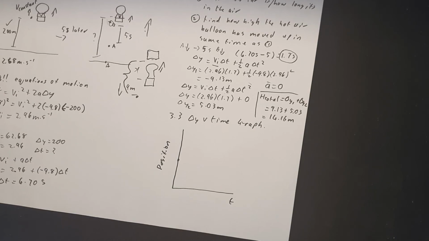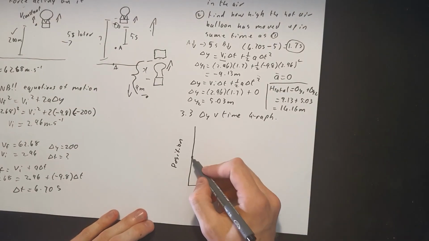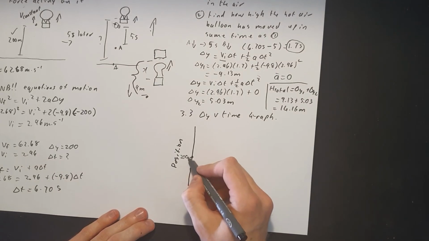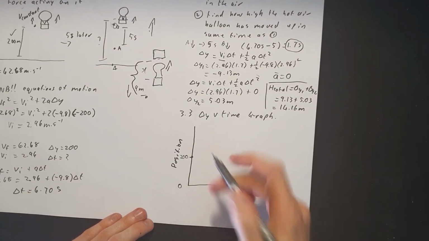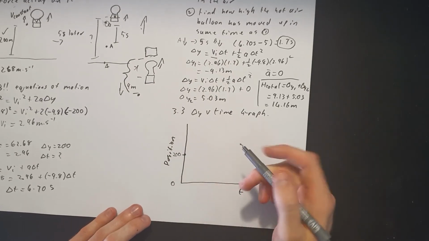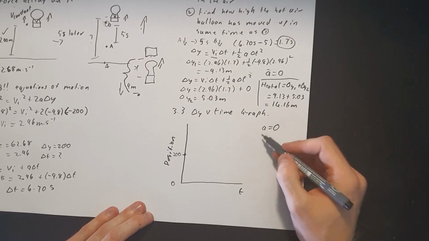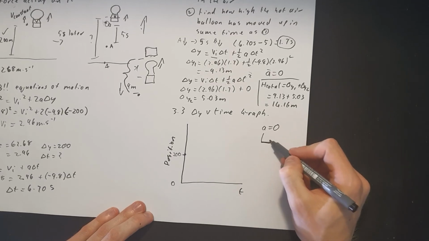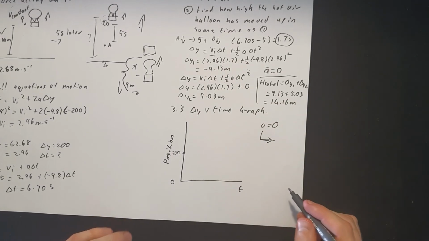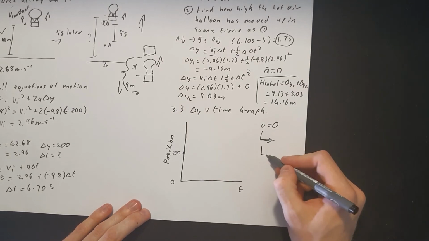We're looking at it from the moment the stone is dropped. So my starting position is 200 and not 0. This is where my graph's going to start. Now, because acceleration is constant or equals 0, the graph is just on the 0 line. It means my velocity is constant.